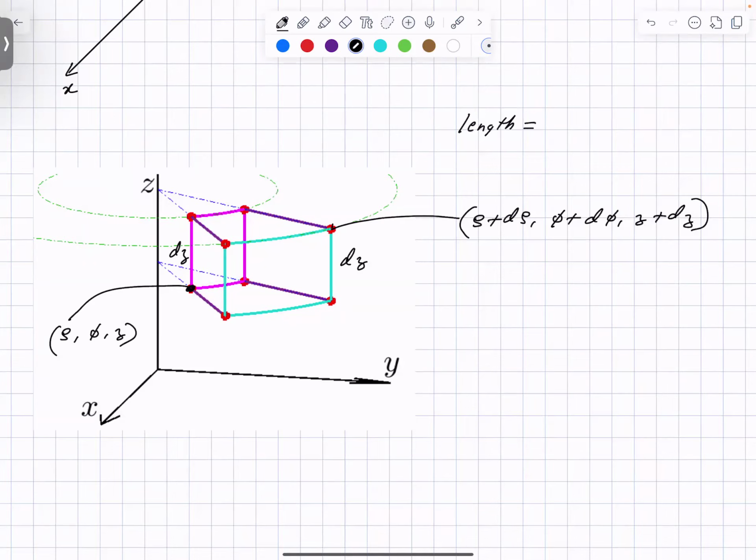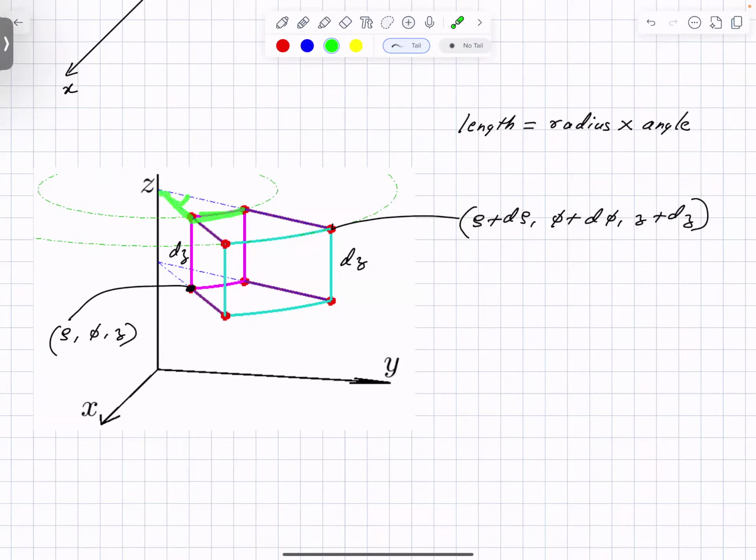The length of an arc is the radius times the subtended angle, right? So the length of this arc is equal to the radius, which is rho.